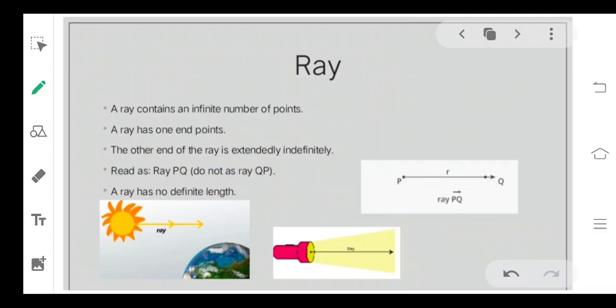Students, you can see in this picture of sun rays, there is only a single starting point, so we can say that a ray has one endpoint. The other end of the ray is extended indefinitely. We read it as ray PQ.